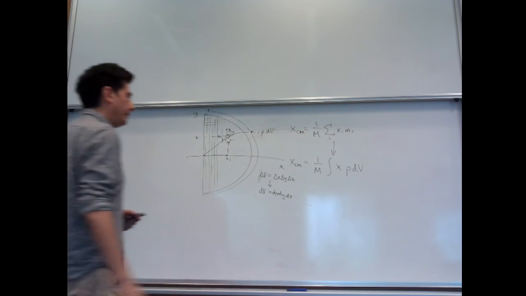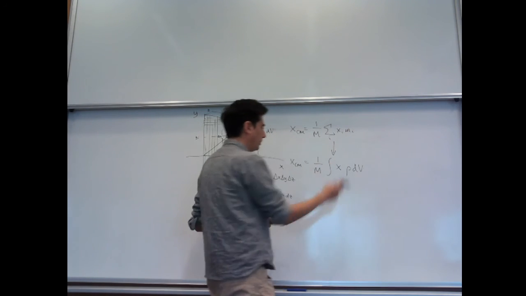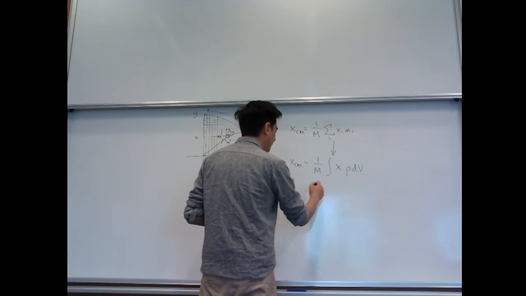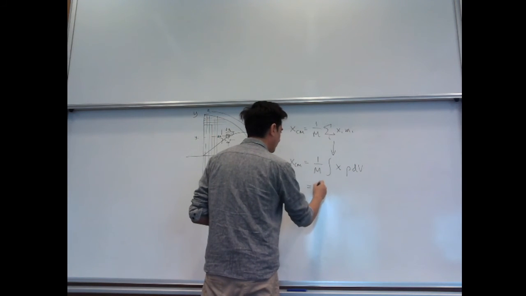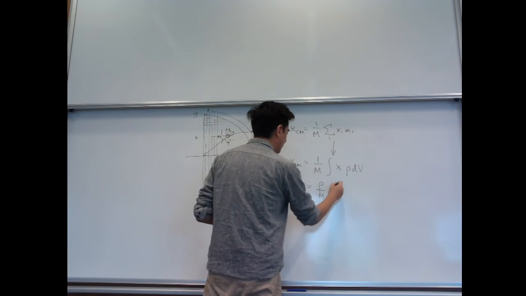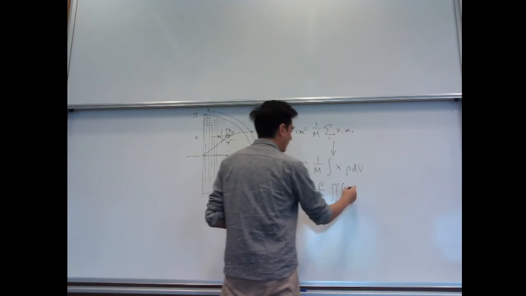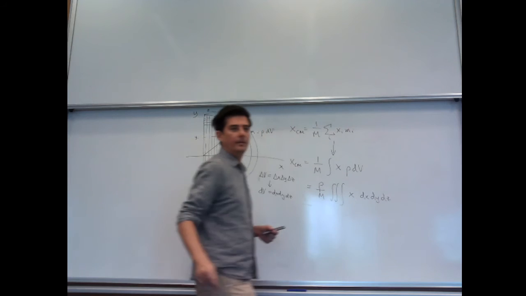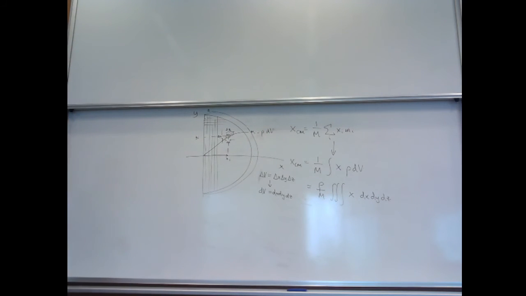If you were to do this mathematically, then this would actually be a triple integral. So it would be like this, x, dx, dy, dz. And that's basically how you would work that out mathematically.